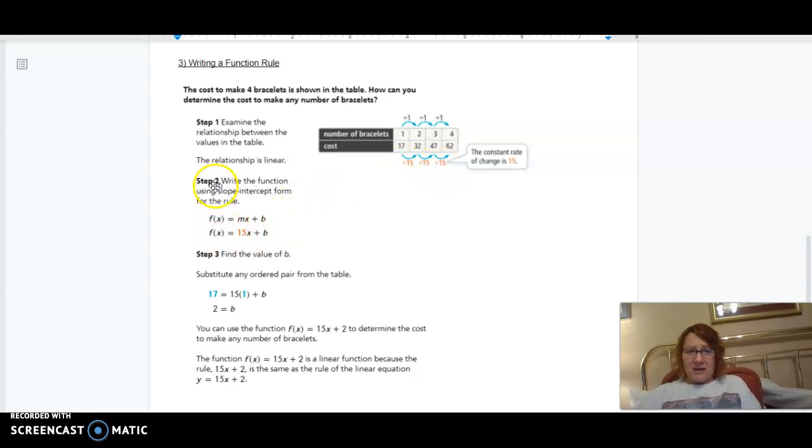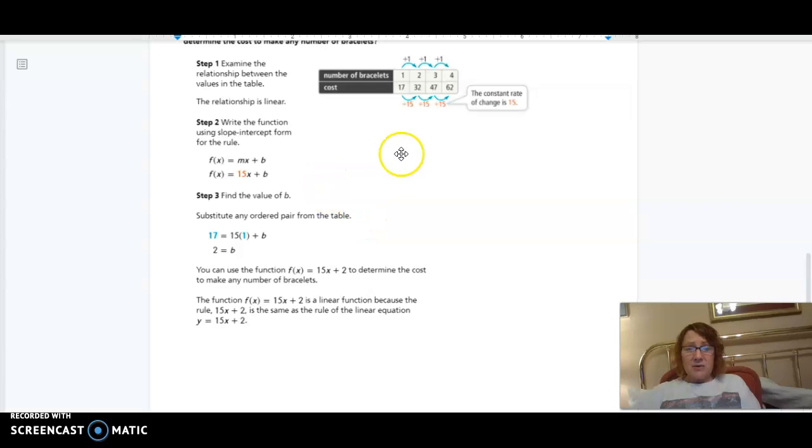So instead of y equals mx plus b, I say f of x equals mx plus b, because remember, instead of saying y, I can say f of x. I'm going to put the 15 where the slope is. Now, how do I find the value of b? Well, I can substitute in any ordered pair. So I can substitute in 1 for x and 17 for y.